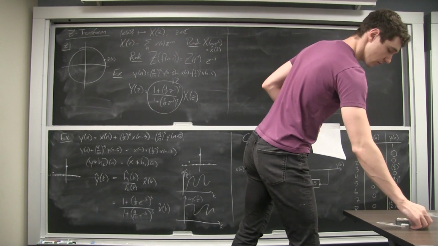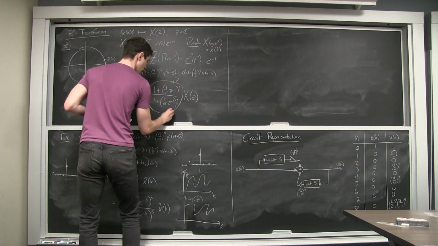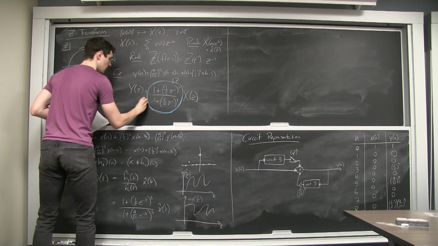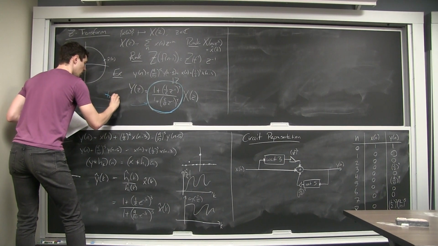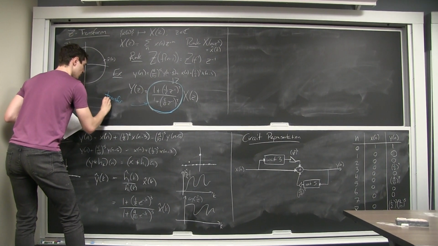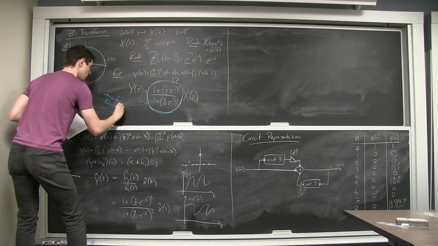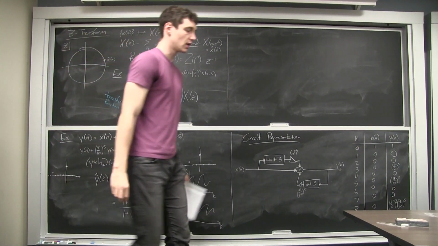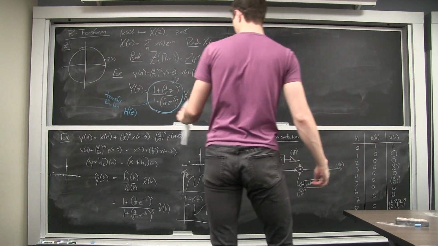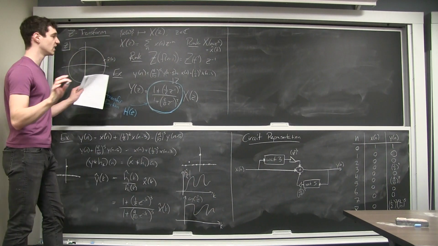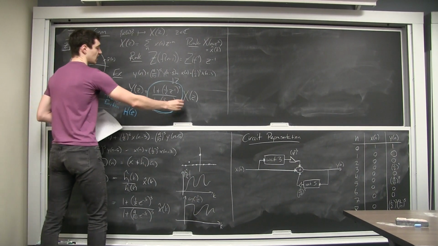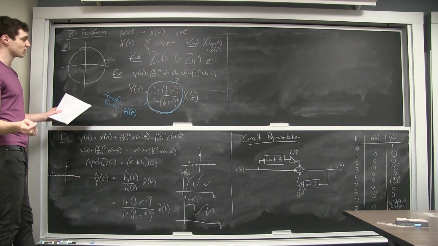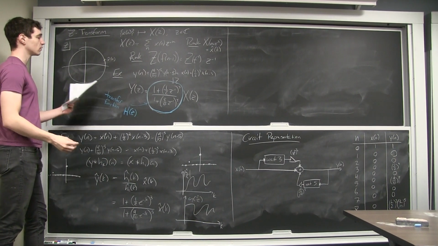It is called the transfer function, capital H of Z. And once again, this just represents everything that the filter is doing. In the Z domain, it takes your input signal, multiplies it by this polynomial, and gives you an output signal. And then you can take the inverse Z transform to retrieve your output signal.